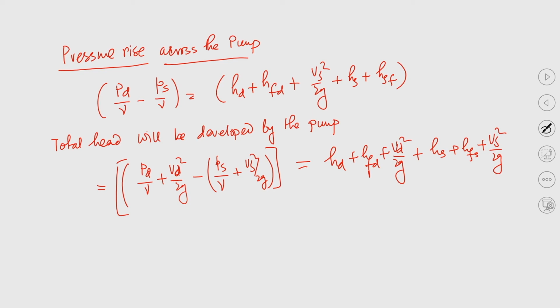So, that we are getting. Now, we also have minus V s square by 2 g.